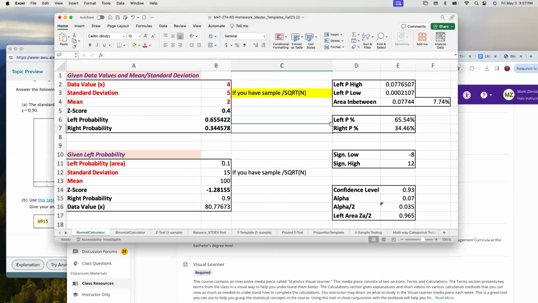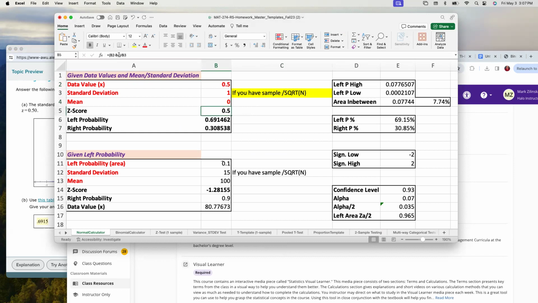So this is the Excel file here. This can be used for any normal curve. We said the standard, so the mean is going to be 0 and the standard deviation is 1, and the value we're interested in is 0.5. So we'll go ahead and type those in, and try not to type over the numbers.